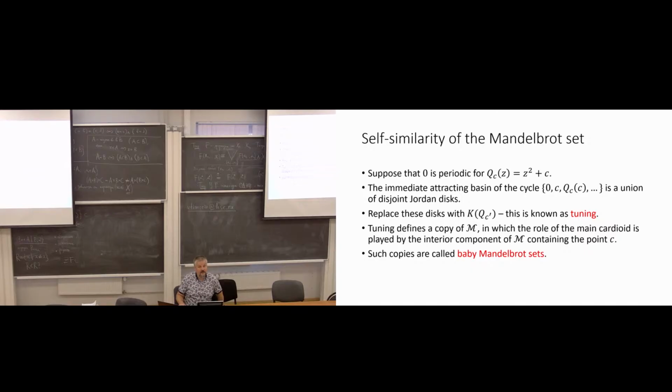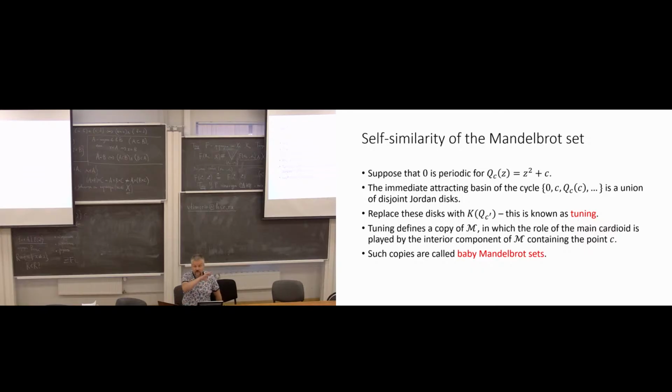Namely, if you have a center of some component, then you have many polynomials that look as follows. Instead of these disks that go along the cycle, the disk is just the filled Julia set of z squared. Instead of the filled Julia set of z squared, you put some other filled Julia set.